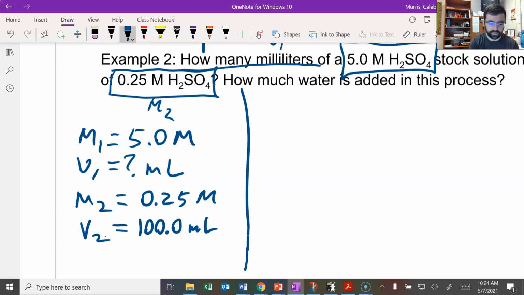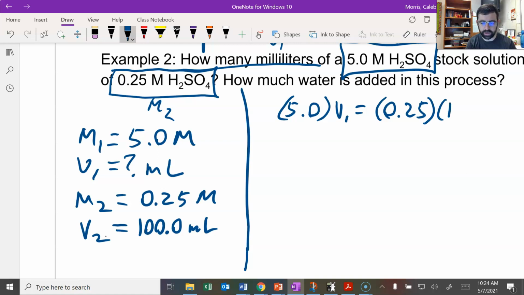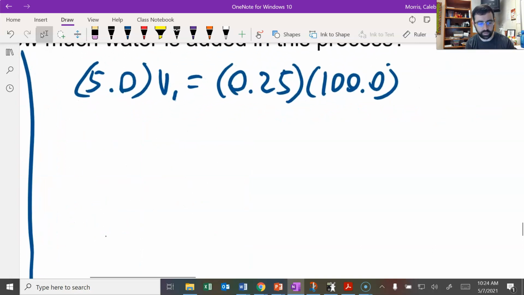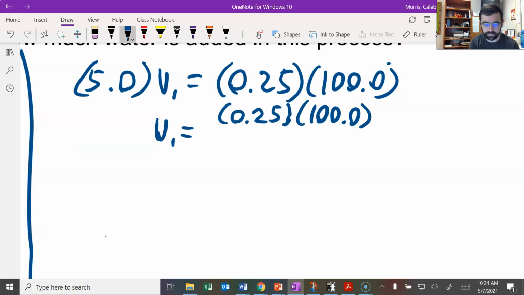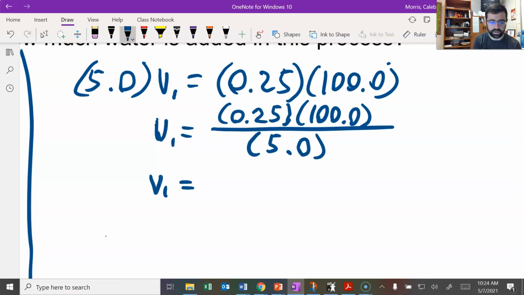Let's just plug in our numbers. M1V1 equals M2V2. 5.0 times V1 equals 0.25 times 100. So 0.25 times 100 is just 25, divided by 5 will be 5. Just to justify that though, V1 equals 0.25 times 100, again 25, divided by 5 is 5.0 milliliters.